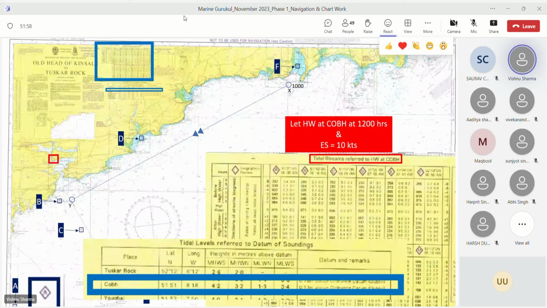Whatever is the information, what time are we leaving point X? Speak up fast. Don't take time now. Point X से कितने बजे डिपार्ट कर रहे हैं हम? सर 1000। Okay. Is it at high water at Cove, or before high water at Cove, or after high water at Cove, and by how many hours?